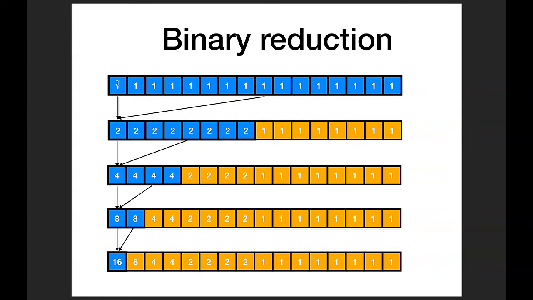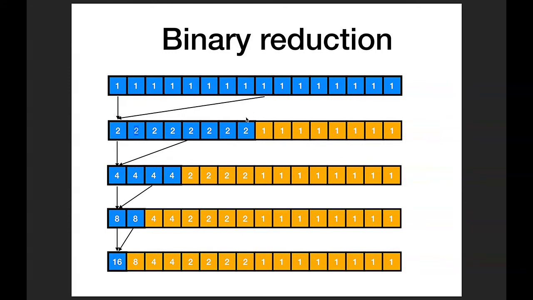And here, as an example, there's a thread which takes this element and this element, adds them together and stores the result here. And similarly, I haven't shown the arrows because it would be too many arrows, would grow confusing, but the next thread takes this element and this element, adds it together and stores the result here, and so on.